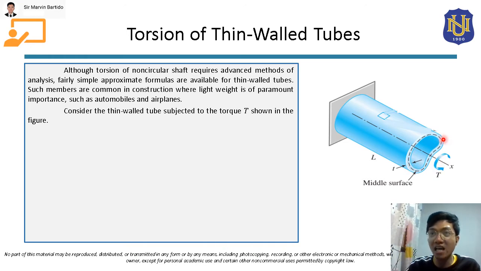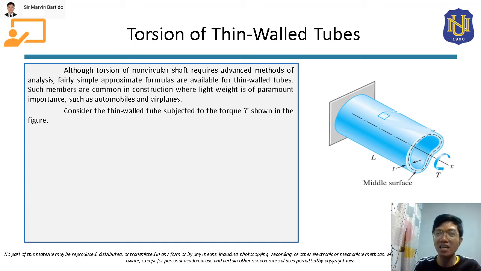That shear stress, class, is almost constant in its middle surface. And class, it is tangent. The shear stress is tangent to this middle surface. Okay, that is tangent here.